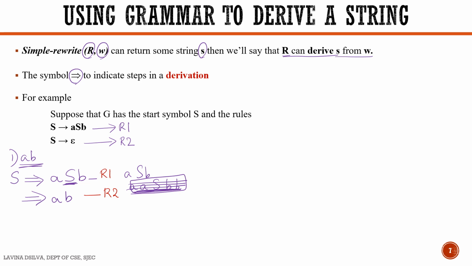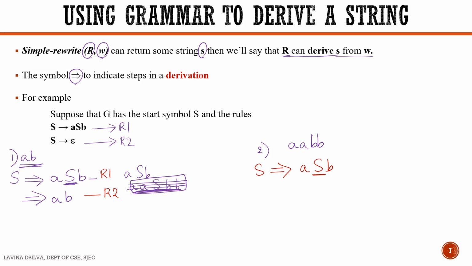Consider a second example, that we want to arrive at the string AABB. So what do we do? We start with the start symbol S and we take the first rule, because we know if we use the second rule we will not arrive at the string AABB. So S derives ASB. Now this non-terminal has to be replaced.